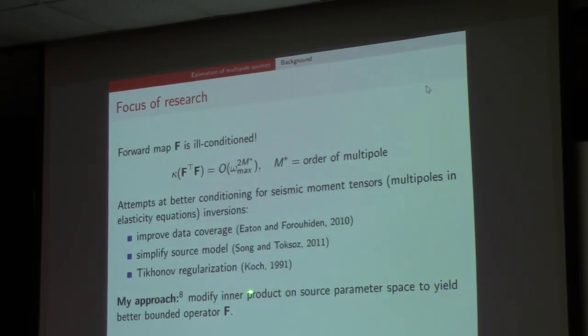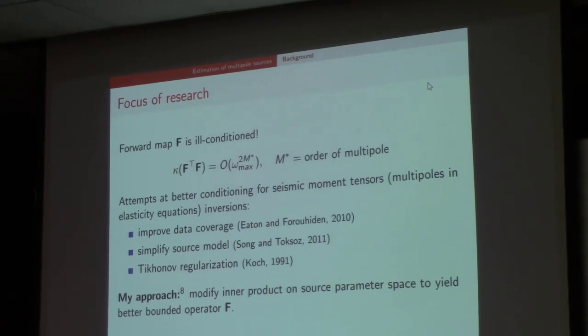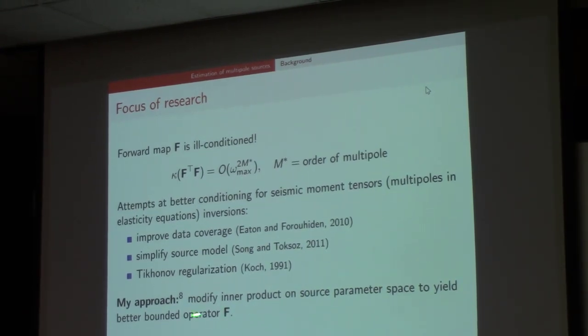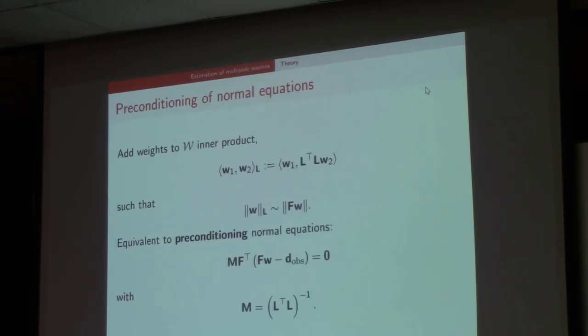My approach was to modify the problem so that the norm associated with the data misfit modifies the inner product of the source parameter space to yield a better bounded operator F. That's a very mathy way of saying I'm going to use a preconditioner to accelerate the iterative solution of the normal equations. So I'm going to add a weight to the inner product.